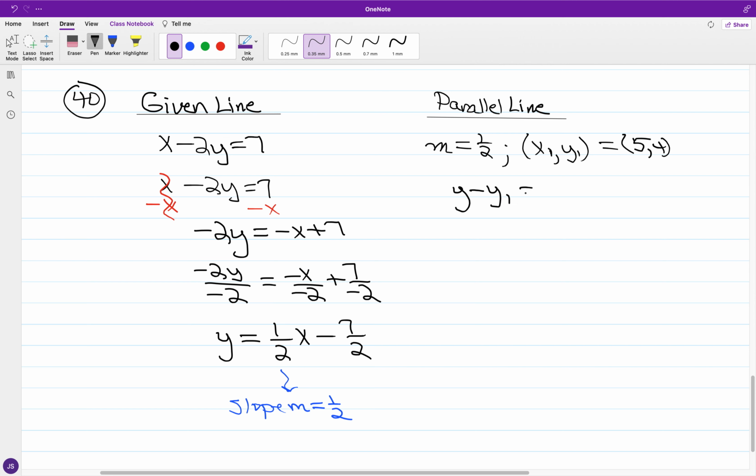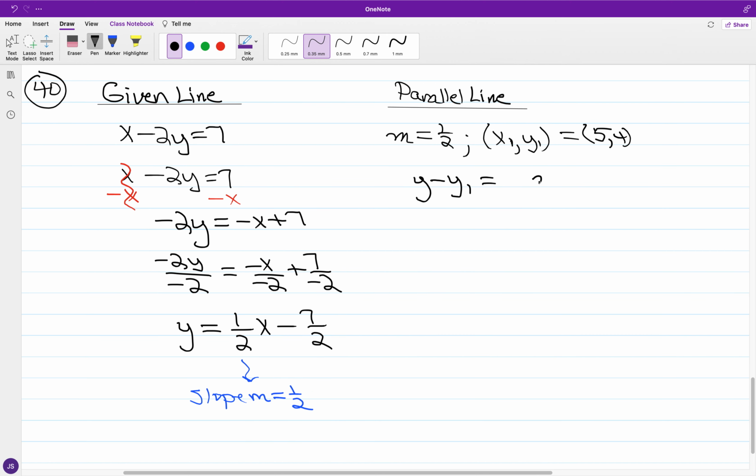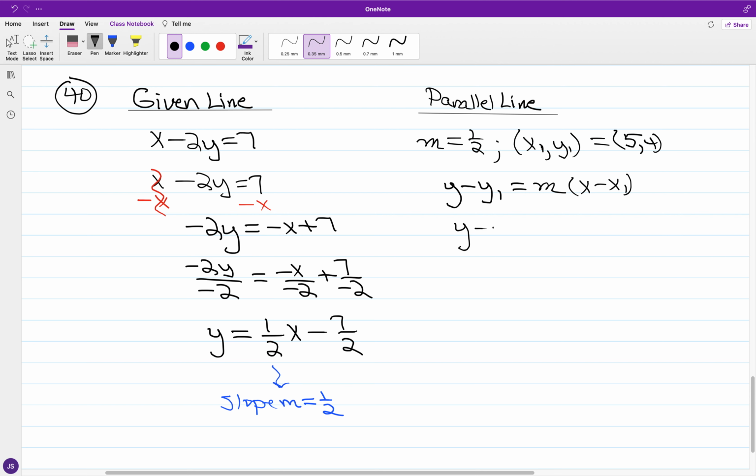And setting things up once again. Okay, so y minus y1 is equal to the slope m times the quantity of x minus x1. So for y minus y1, okay, so we have y minus 4, and the slope m, which is going to be at 1/2, and we have times the quantity of x minus 5.